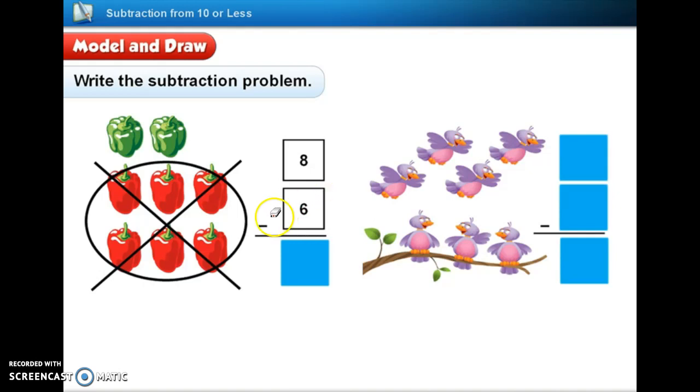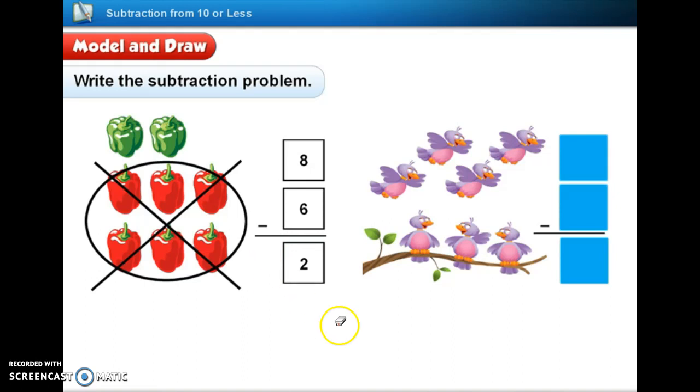Excellent. Equals. Remember that line means equals. How many peppers are still there? Right. 1, 2. So write the number 2 down at the bottom. Remember, if Mrs. Kudo is going too fast, just press pause on your computer while you write your numbers.